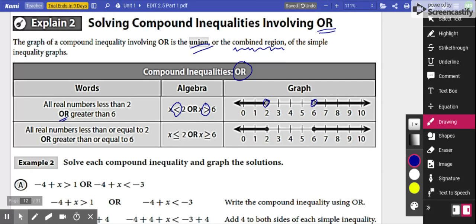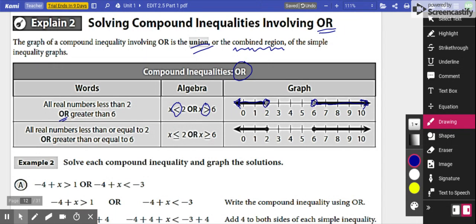But let's take a look. X is strictly less than 2, so my arrow is pointing to the left from 2. Or x is strictly greater than 6, so my arrow points to the right of 6.